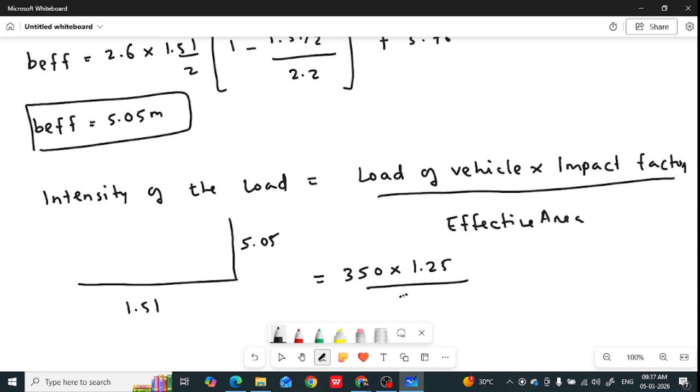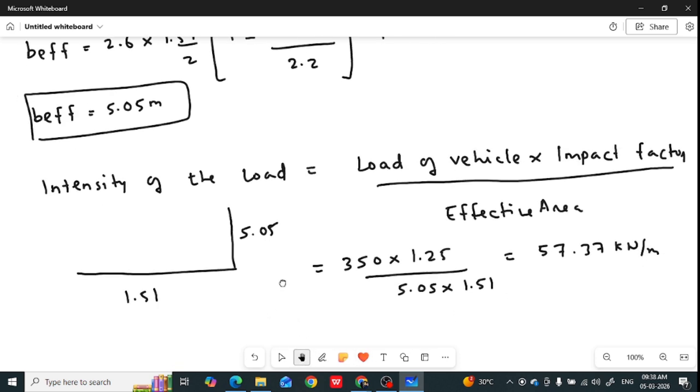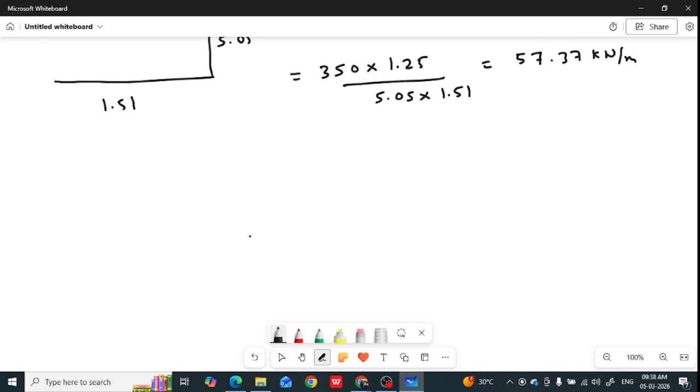Divided by the effective area. The effective area is width 5.05 into the dispersion along the length, 1.51. The intensity of the load that you are getting is 57.37 kilonewton per meter. Now you can take the span.